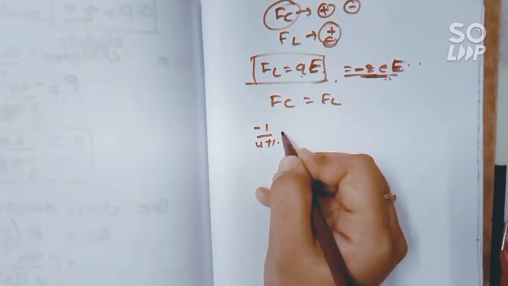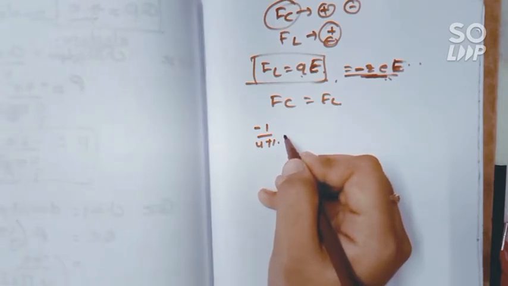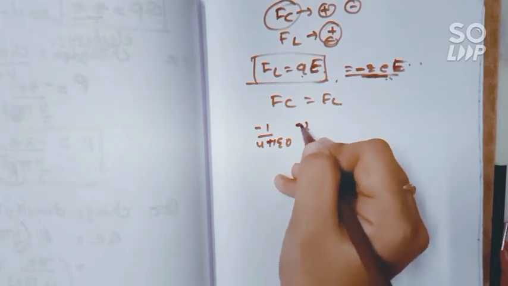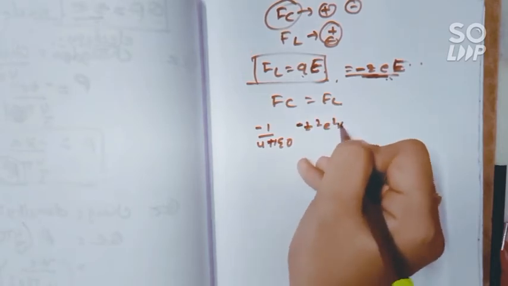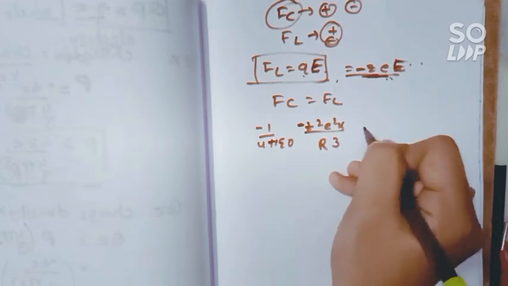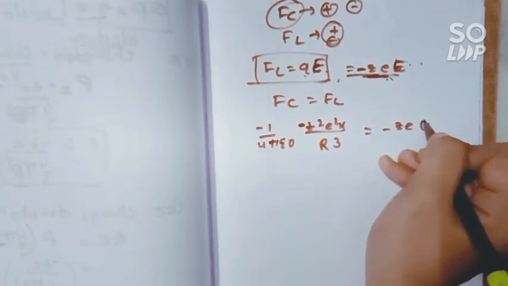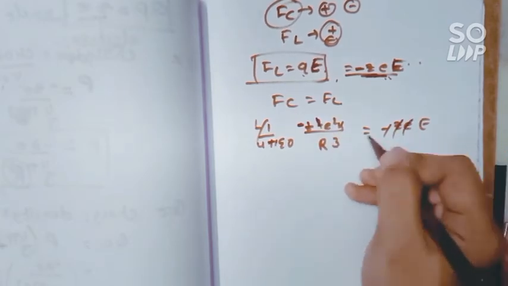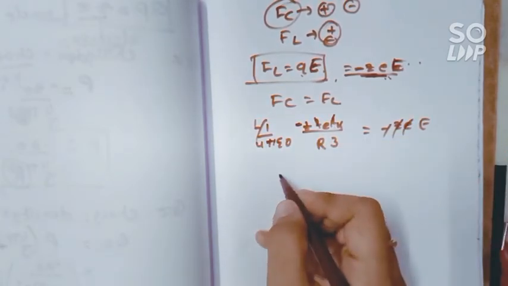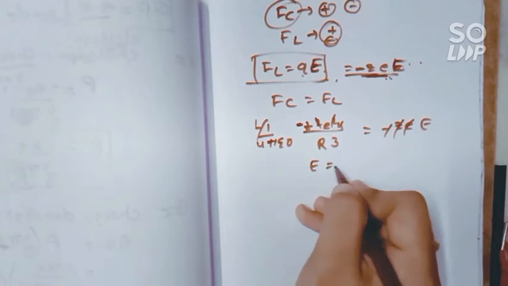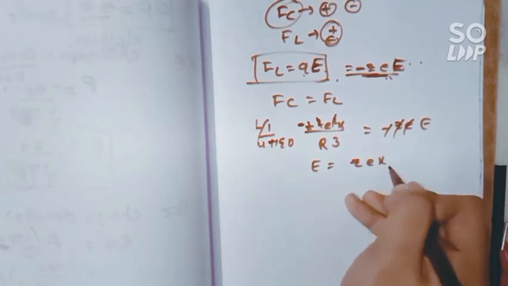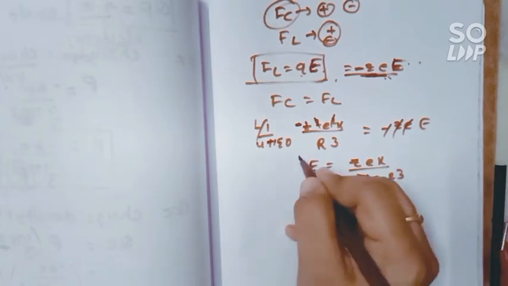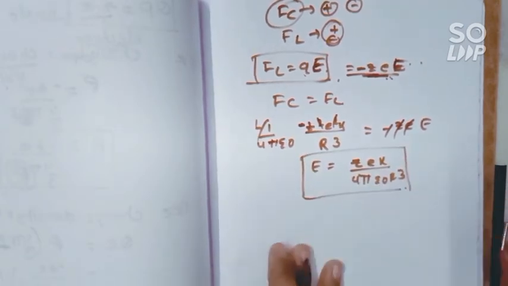Now from this we can write minus 1 by 4 pi epsilon into minus Z square E square X by R cube is equal to minus ZE into E. And minus minus gets cancelled, Z cancels, one E gets cancelled. Finally we will get E equal to ZE into X by 4 pi epsilon into R cube. This is our final E.